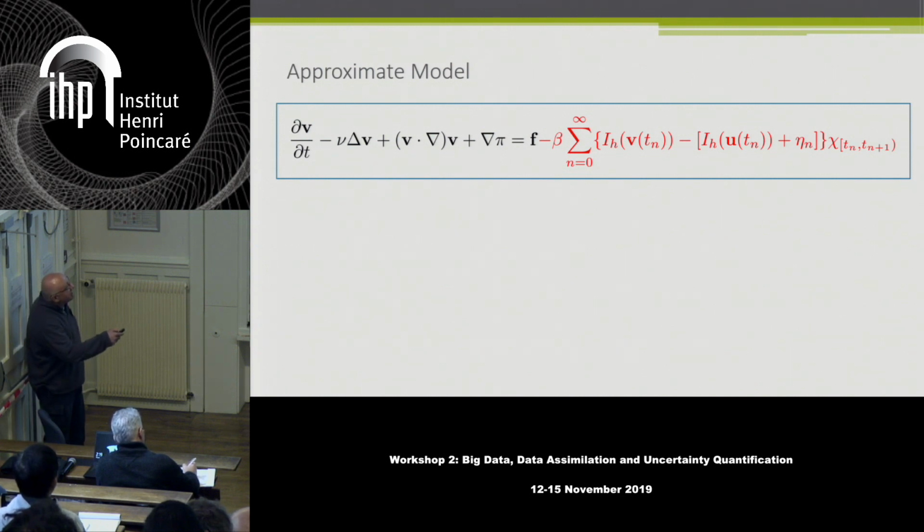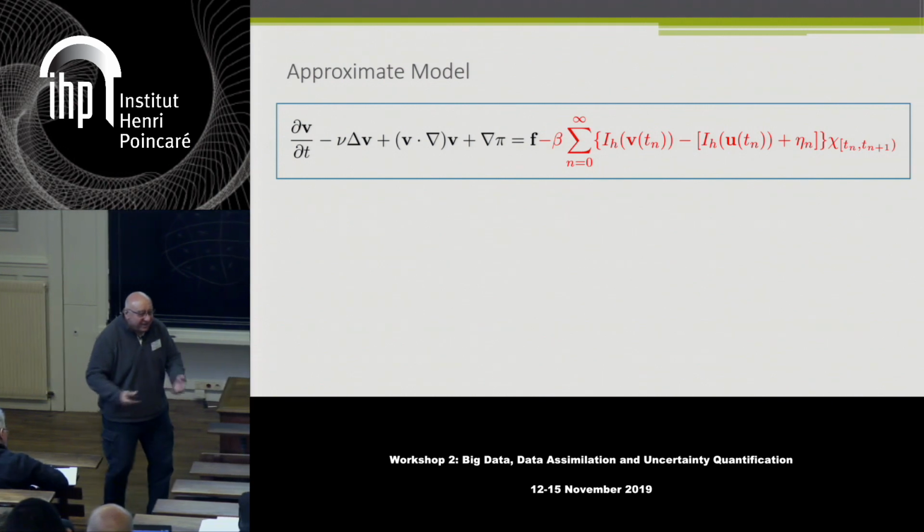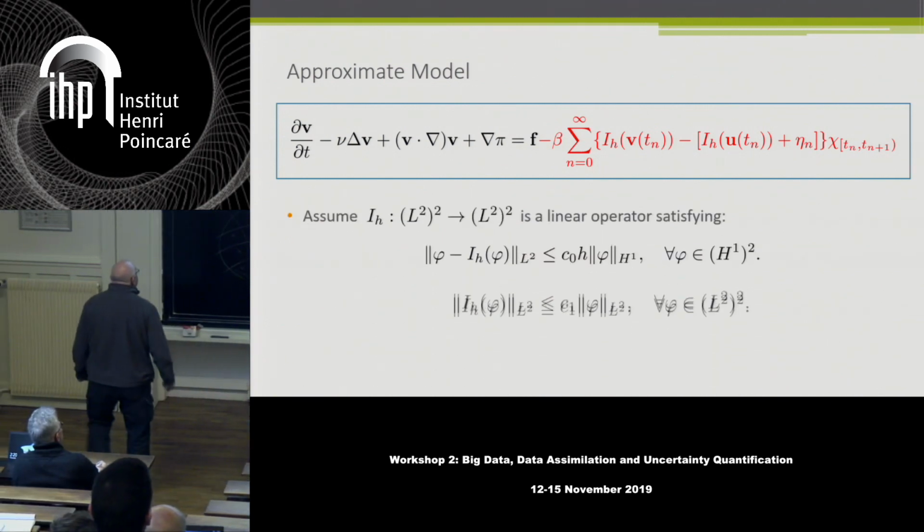The approximate model will be exactly as is, but now I have some error term. What I put in my algorithm is all this quantity, because I don't know the observation exactly. But I know in principle there is an error and there is the real thing. So what's the result that we have?